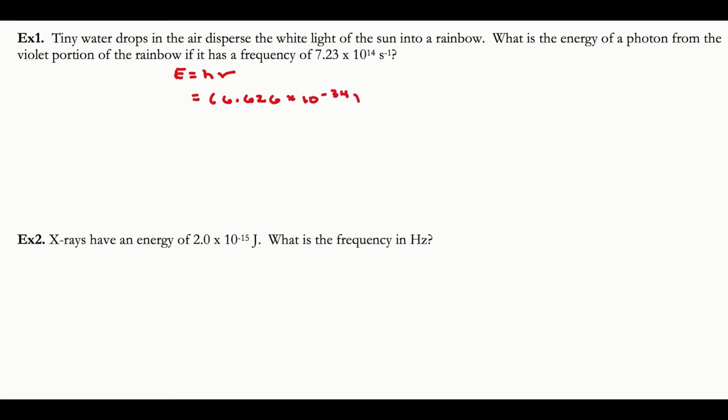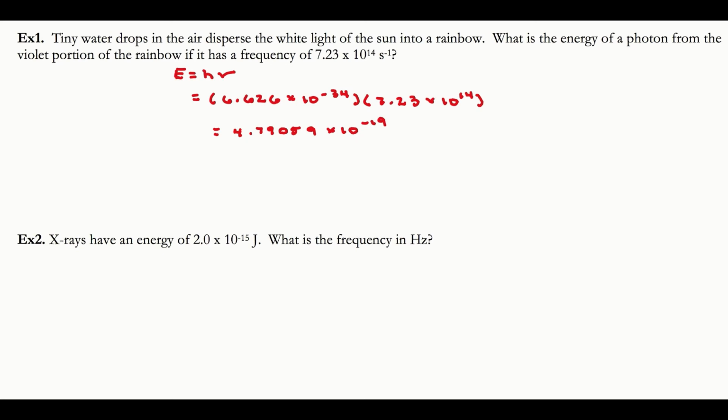I'm going to multiply that by my frequency. And the unrounded value that I get is 4.7905, and I'm going to stop after the 9, times 10 to the negative 19.